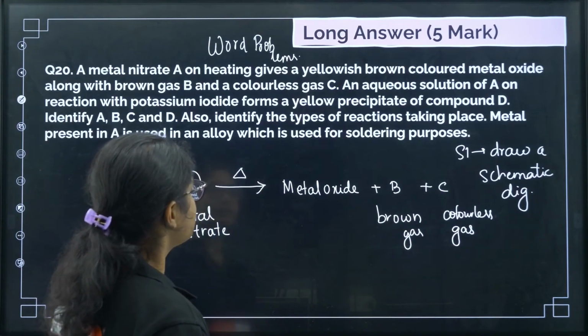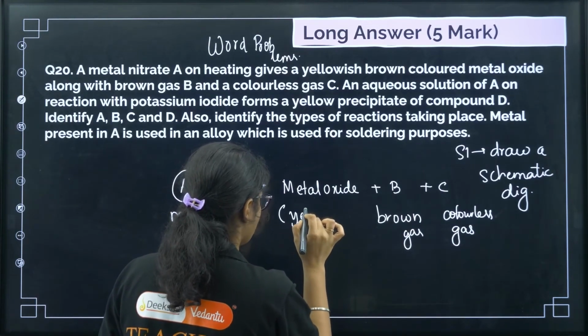Now what is it saying? This metal oxide is a yellowish compound.